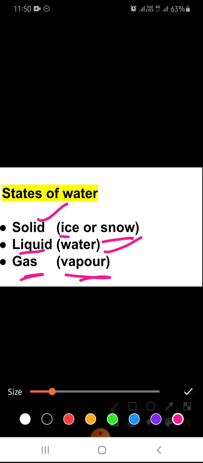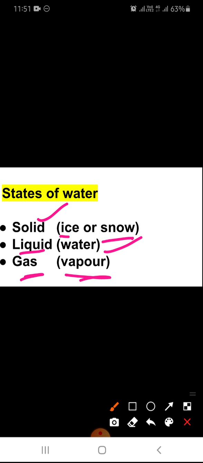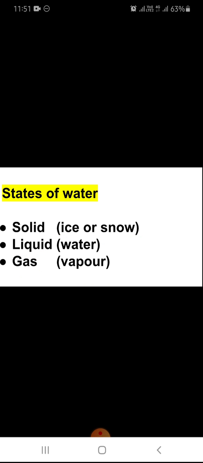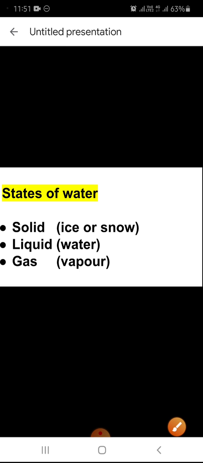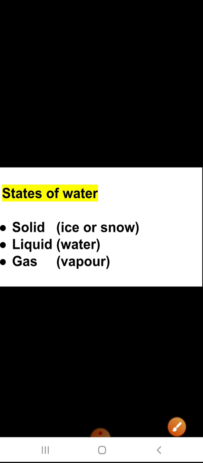So water is found in three forms, that is solid, liquid and gas, and all three forms are interconvertible, means we can convert solid to liquid and liquid to gas, similarly liquid to solid and gas to liquid also. So all these forms are interconvertible.